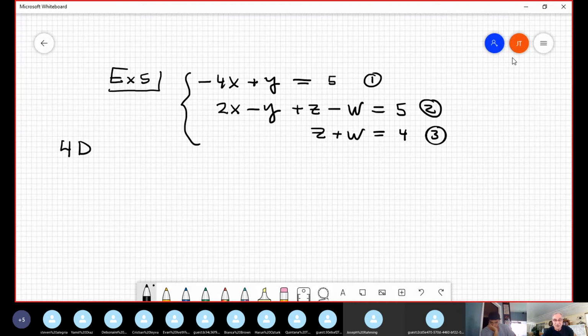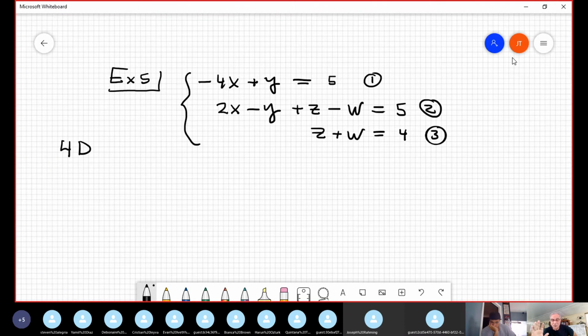Because it's X, Y, Z, W. 4-dimensional space is impossible to represent geometrically. It's the fourth dimension of Einstein: X, Y, and Z, the classical dimensions of space, and time is another extra dimension. It's possible to represent, but very, very hard and confusing.